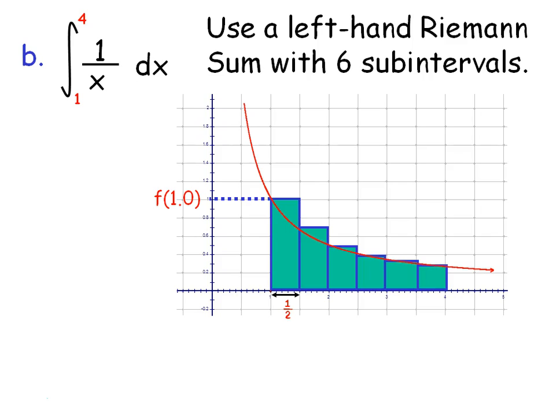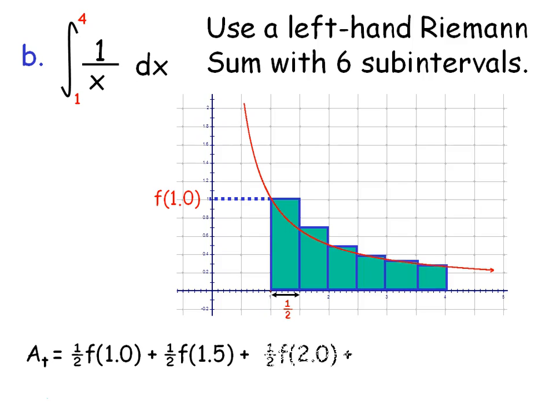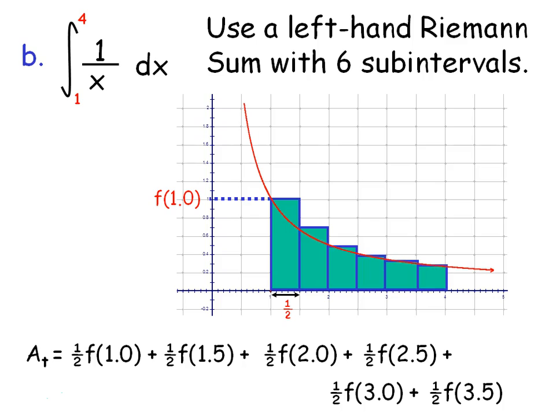So on the left-hand Riemann sum, the area of the first rectangle would be 1/2 times the function at 1, plus the second rectangle, 1/2 times the function at 1.5, plus 1/2 times the function at 2, 1/2 times the function at 2.5, plus 1/2 times the function at 3, plus 1/2 times the function at 3.5.